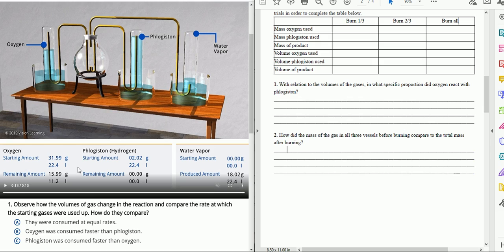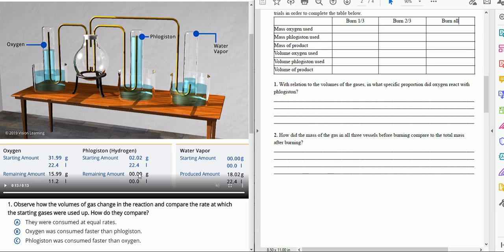Well, hopefully you're remembering the law of conservation of mass here, and that if we take the starting amount of oxygen, the starting amount of phlogiston, and the starting amount of water vapor, it will be exactly equal to the produced amount of water vapor plus the remaining amount of oxygen.